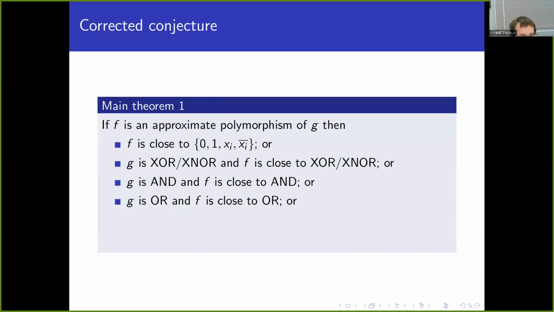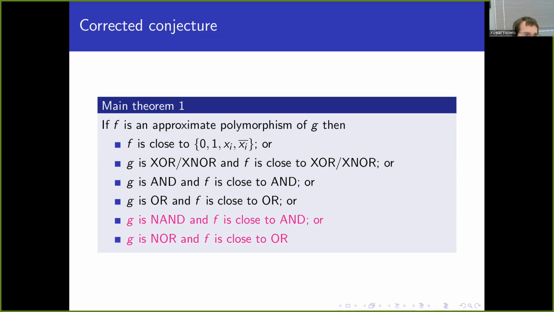And now we're going to have two new cases. So if g is an AND, then f could be close to an AND. This is what we've seen in the previous slide. And the same with NOR. And in all other cases, f has to be close to one of these trivial polymorphisms. Okay, so this is our first main theorem.